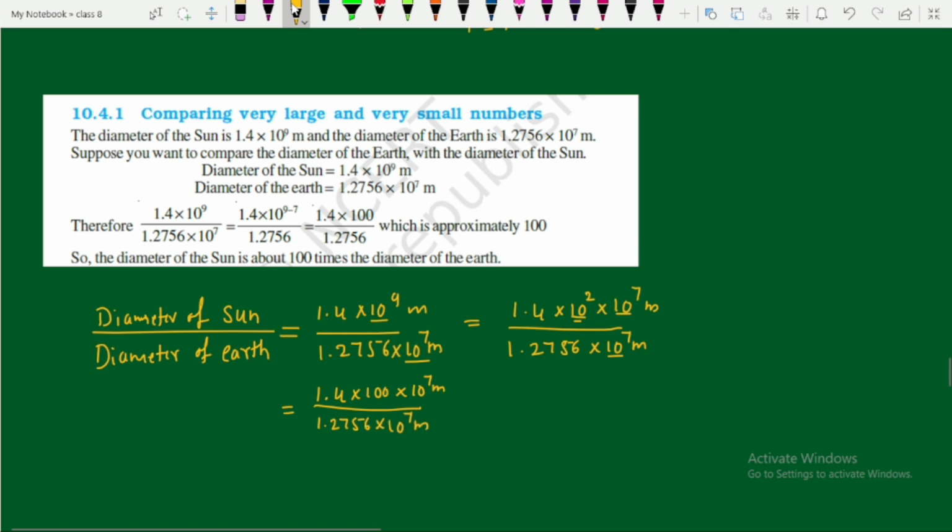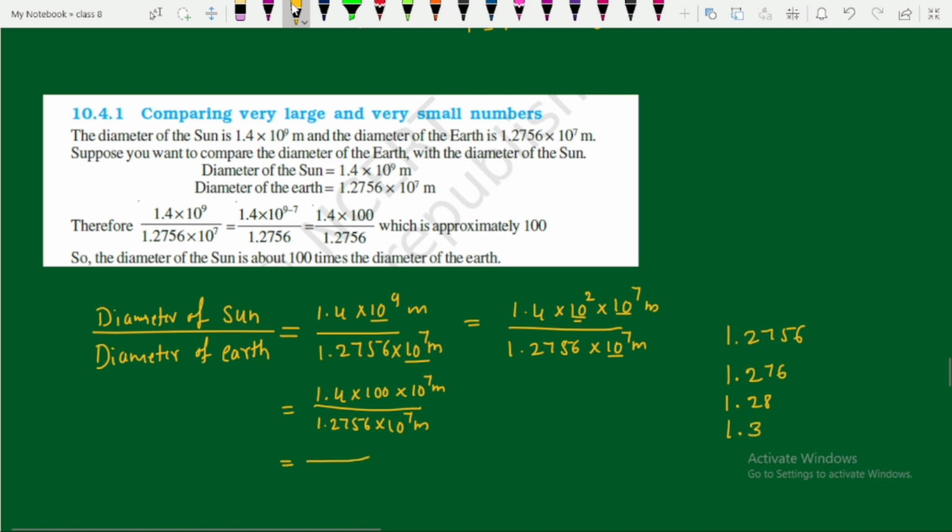Now how we can simplify is just the calculation part. If you round off 1.2756 it will be 1.276, then 1.28, and rounding off one more decimal digit, that is 1.3.